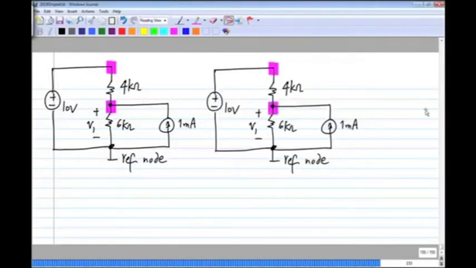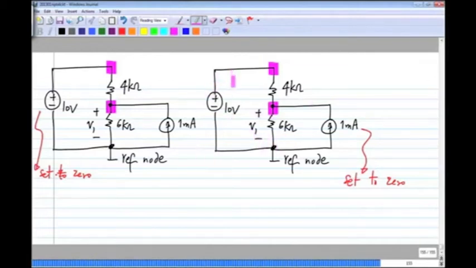Okay, so what I will do is I will first set this 10 volts independent source to 0 and find V1 as a result of the 1 milliamp current source, and then I will set the 1 milliamp source to 0, and find this V1 as a result of the 10 volt source. And then I add up the values of V1 from this circuit and that circuit, and that will give me the same answer as before, or it should, if superposition is valid.